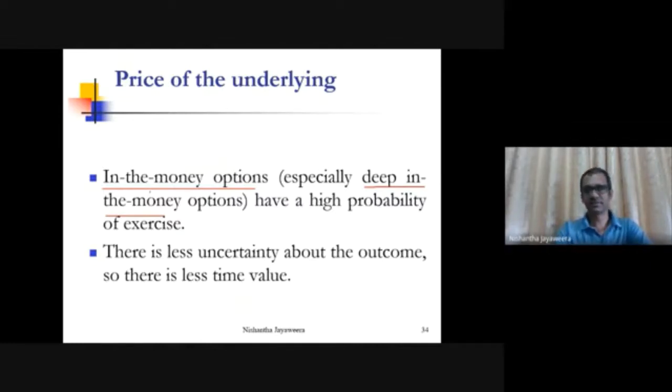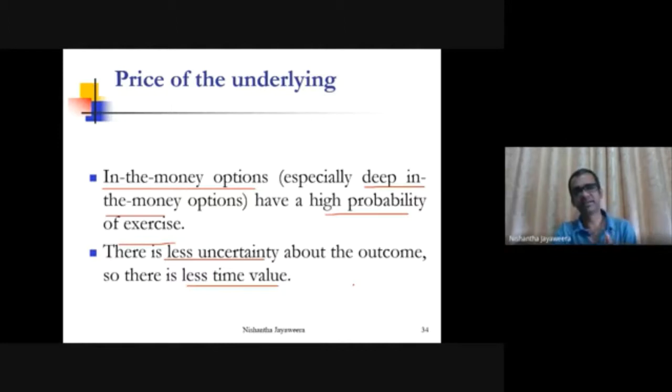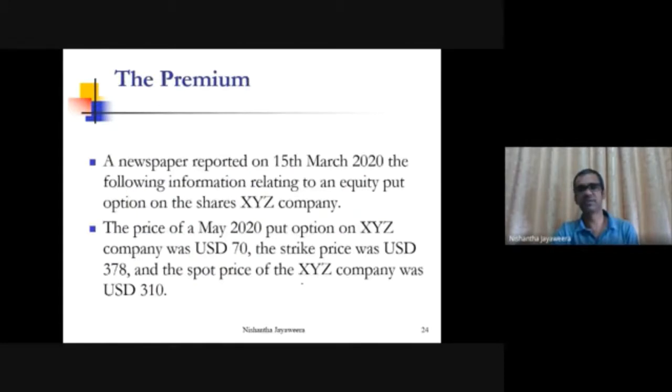So here what I'm talking about, when the option is deep in the money, there's less chance of coming back to the out of the money state. So there's a high probability of exercise, and therefore less uncertainty. So therefore less time value when it is deep in the money. If you remember, I explained this with two examples.